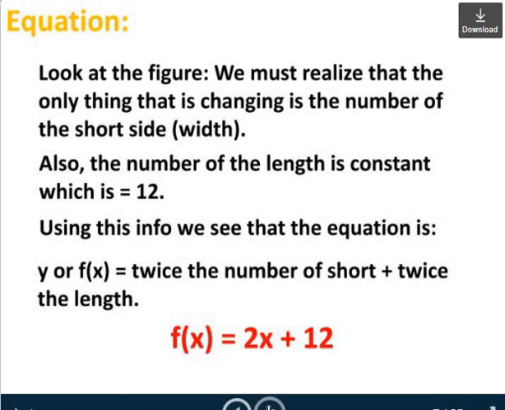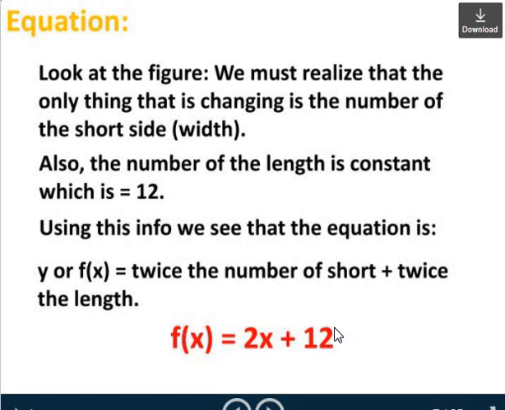It means looking for the relationship between the width and the number of the rectangles. It clearly appears that every time you add a rectangle, you multiply the number by 2, and you add 12, and you will get the perimeter of the new rectangle. How is that?